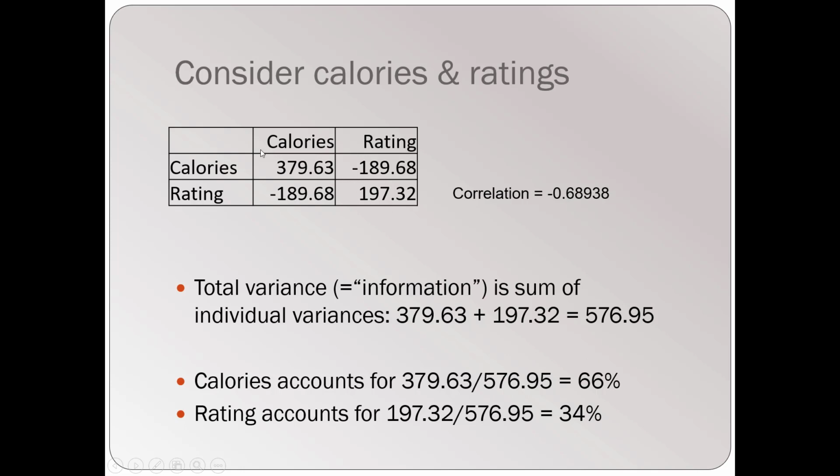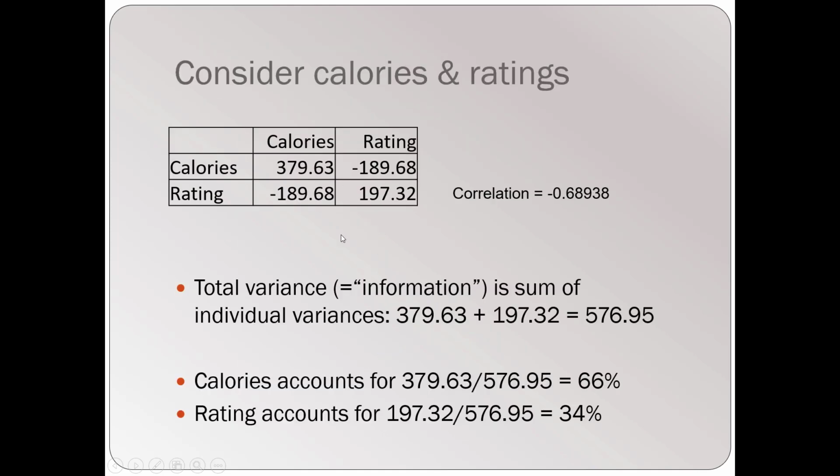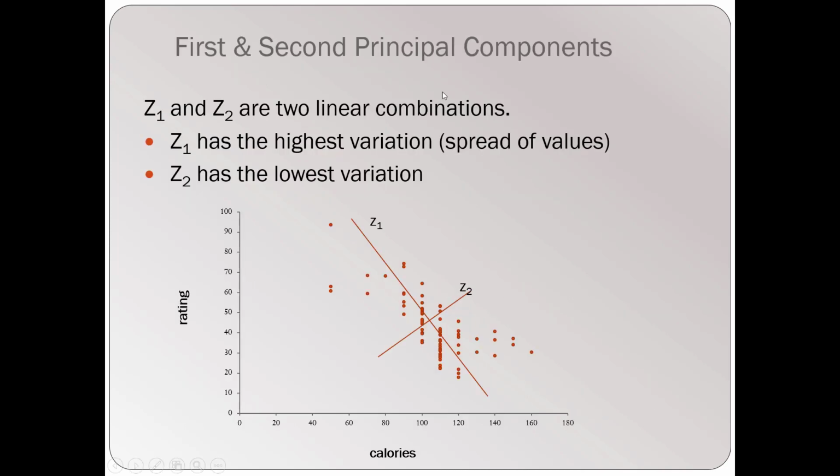Now, another thing is, if you start with two variables, then when you do the principal component analysis, you'll end up with two principal components. Okay, the same number. If you start with 10 variables, you'll have 10 principal components. So with two variables, what we're trying to achieve is to come up with z sub 1 and z sub 2 instead of calories and rating.